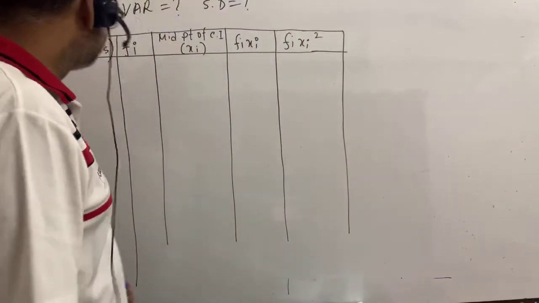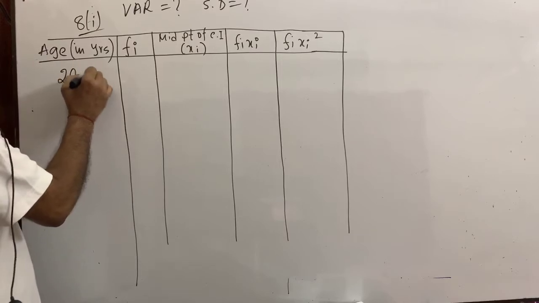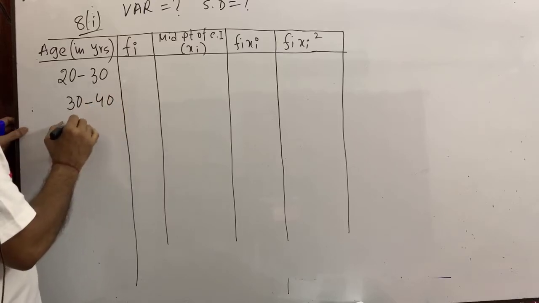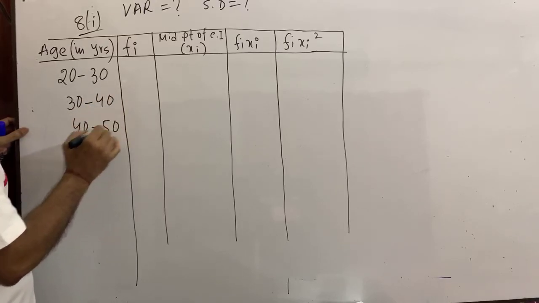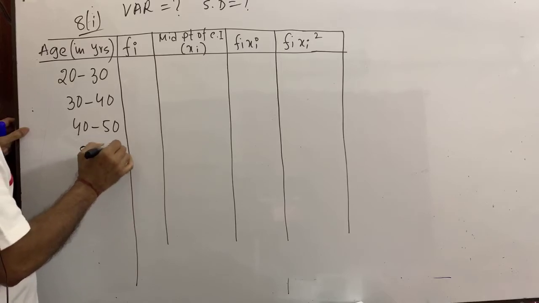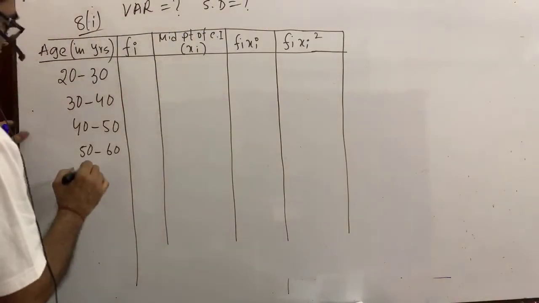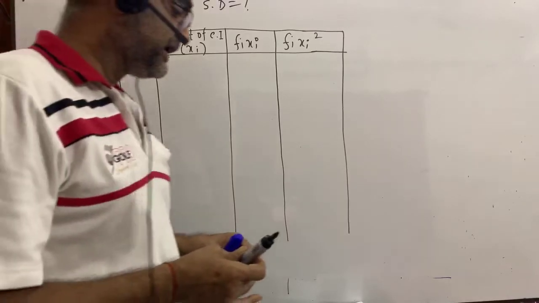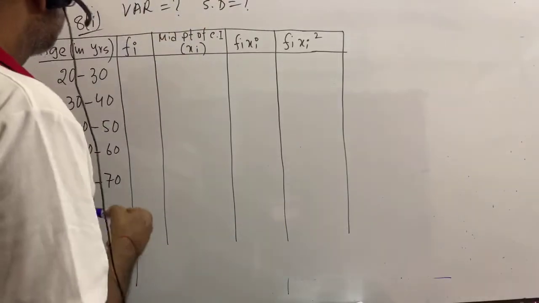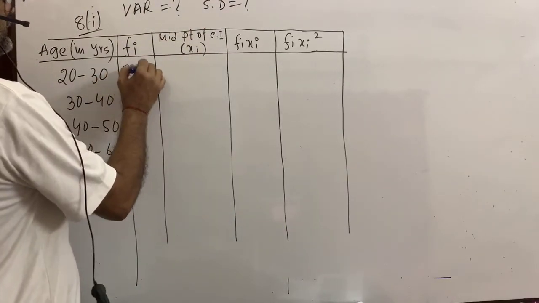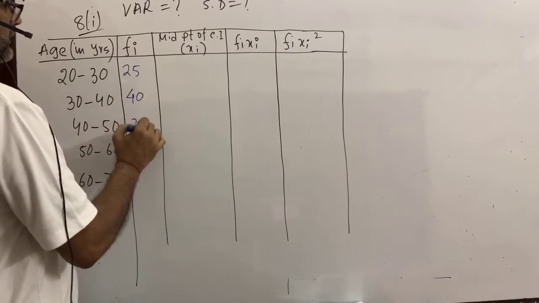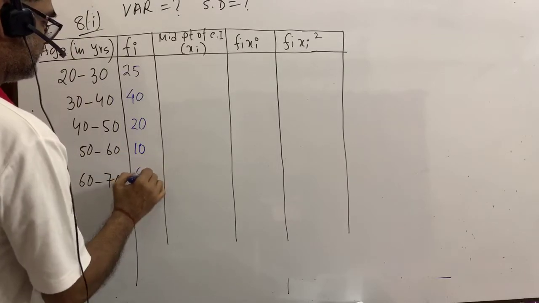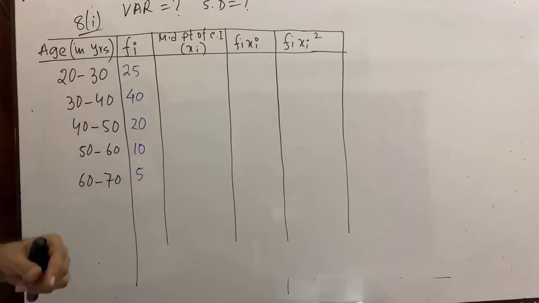Write down 20 to 30, 30 to 40, 40 to 50, 50 to 60, 60 to 70 I have written. And frequencies are given as 25, 40, 20, 10 and 5. Okay, have you seen? 10 and 5.